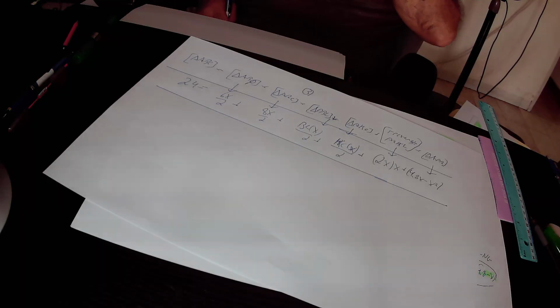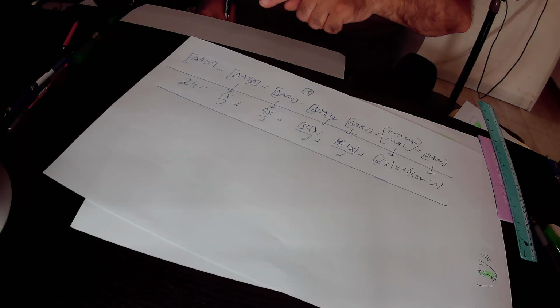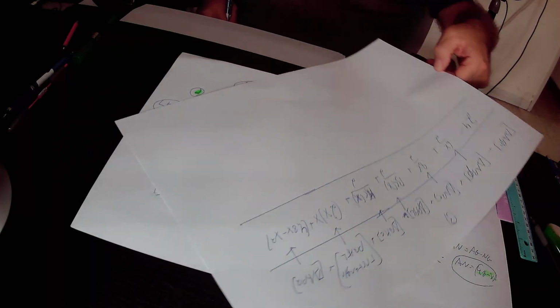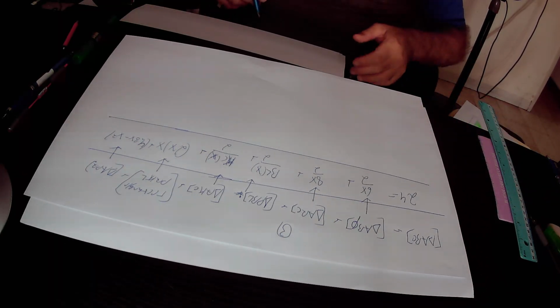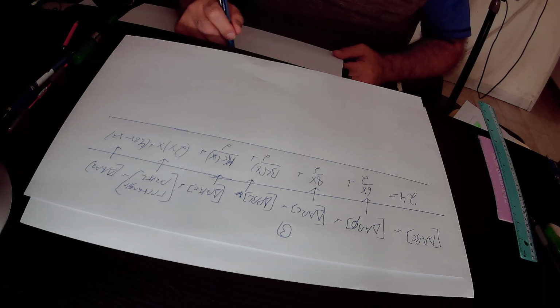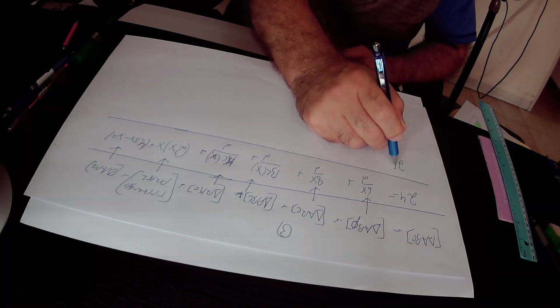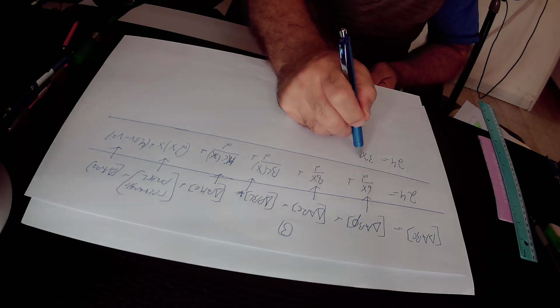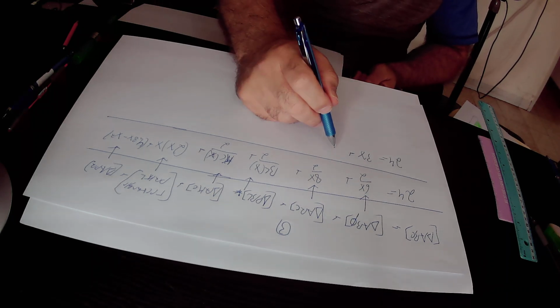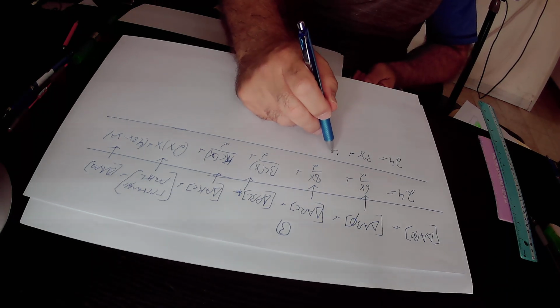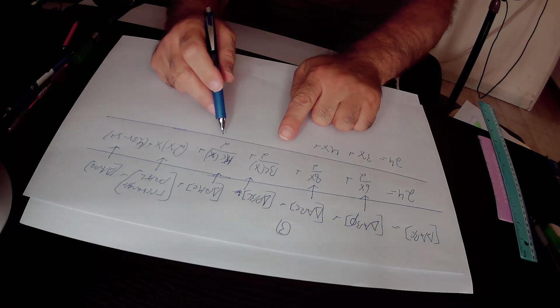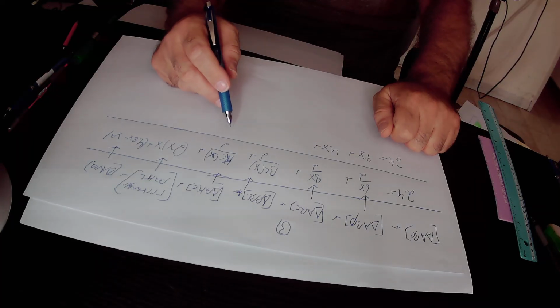So we'll simplify this expression. 24 equals, 6x over 2 is 3x, plus 8x over 2 is 4x, plus we have here BLx over 2 plus KCx over 2.